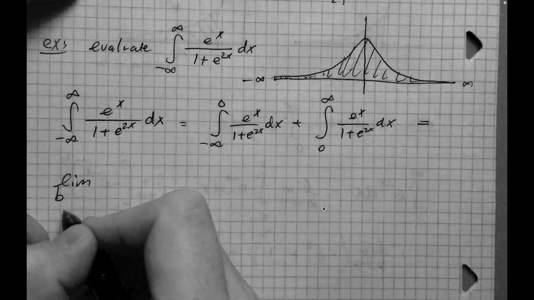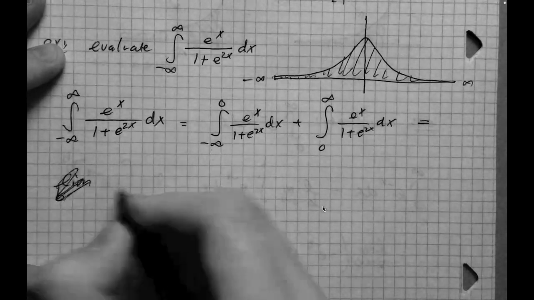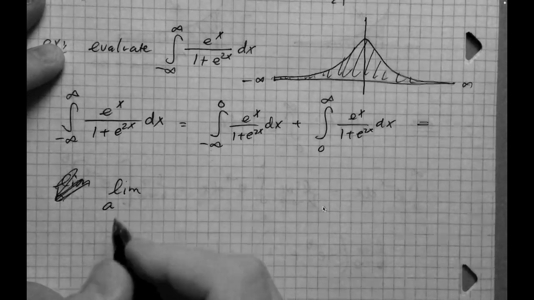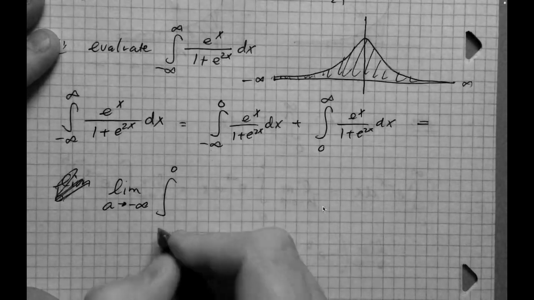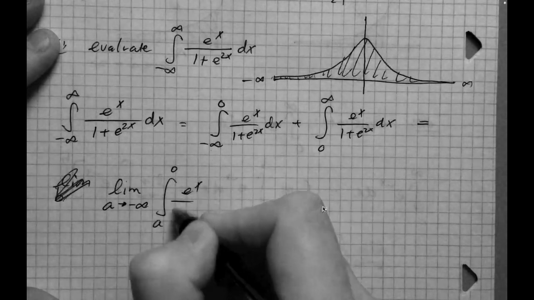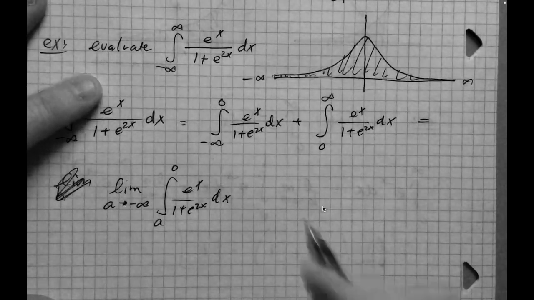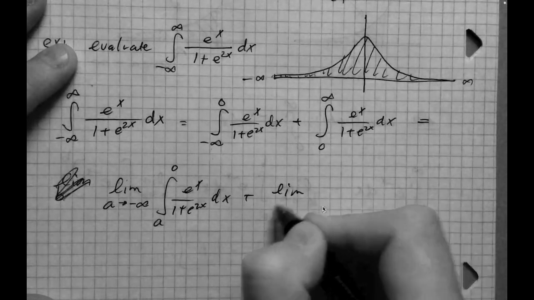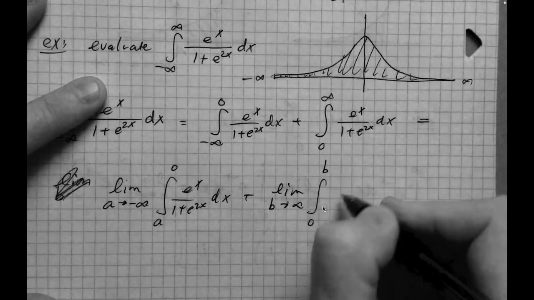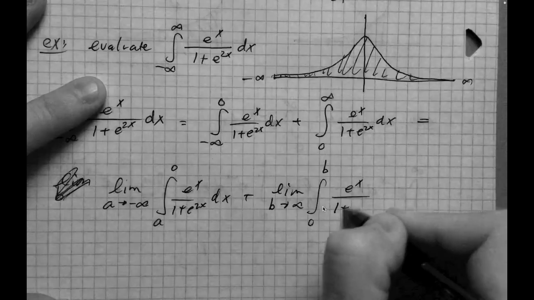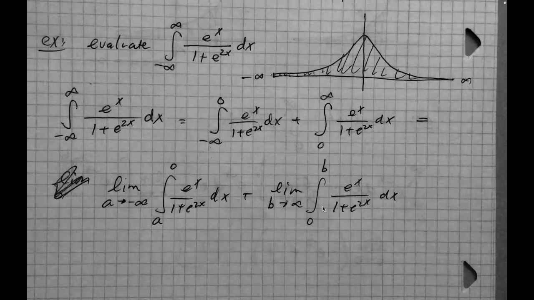This is going to be the limit as a goes to negative infinity of the integral from 0 to a of e to the x over 1 plus e to the 2x dx, plus the limit as b goes to positive infinity of the integral from 0 up to b of e to the x over 1 plus e to the 2x dx. Just plugging those two pieces in.